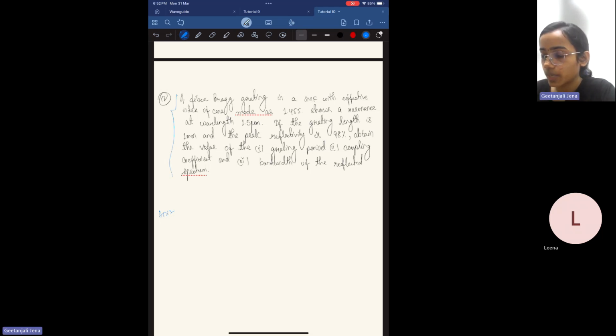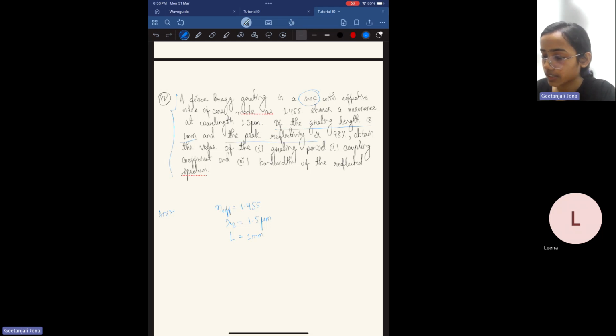So a fiber Bragg grating in single mode fiber, SMF means single mode fiber, with effective index of the core mode 1.455. So N effective is given, 1.455. Say resonance at wavelength 1.5 micrometer, that means lambda B is 1.5 micrometer. If the grating length is 1 mm, so total length is given 1 mm.